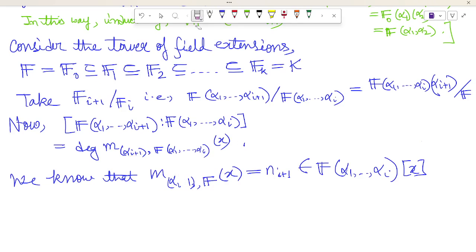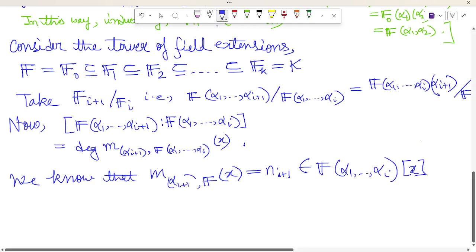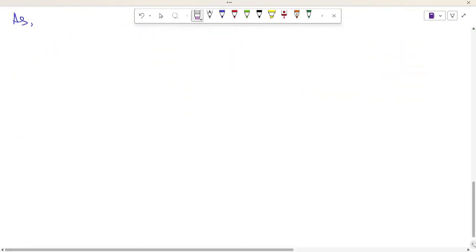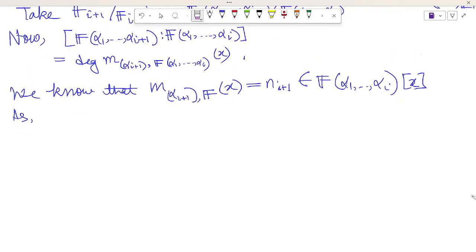This is any arbitrary polynomial with alpha i plus 1 as a root, over this field.